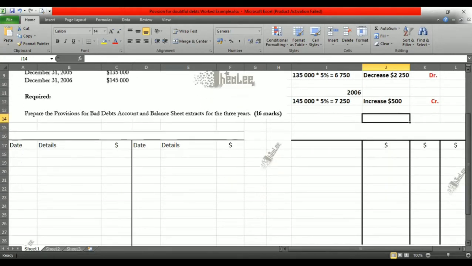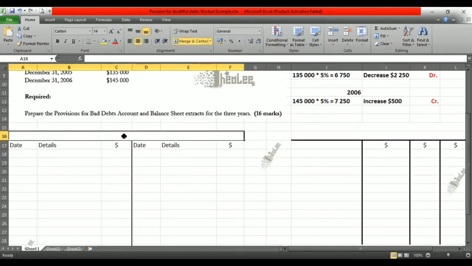So once you're doing the question, you're preparing your account. So this is provision for bad debts account. Once you're preparing the account, you look at your workings because it's the information from your workings that you're presenting in your provision for bad debts account.